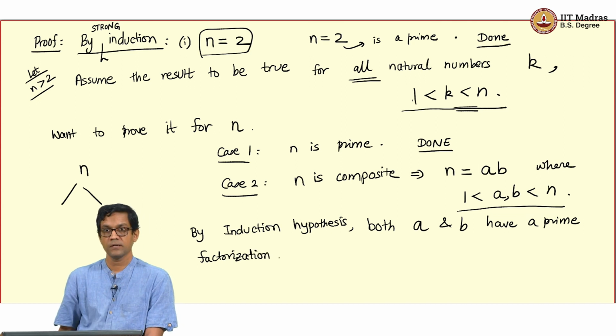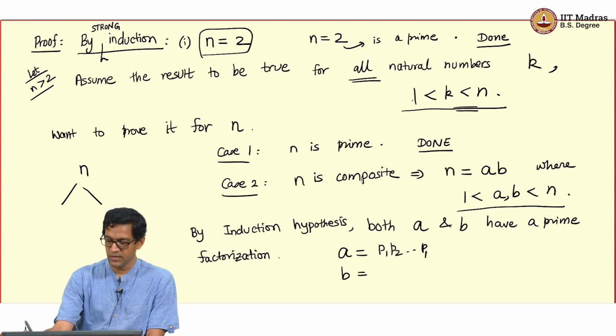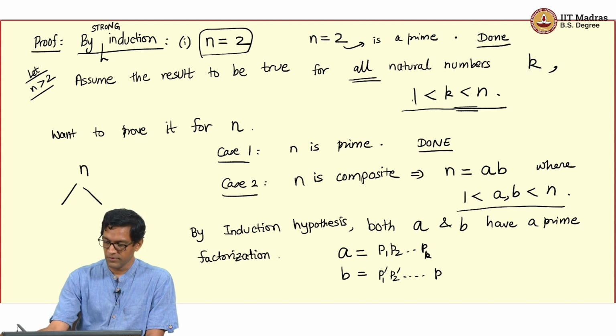So what does this mean? This means that a can be written as a product of prime numbers and b can be written as a product of prime numbers. So you write a as p1, p2, ..., pd, b as another set of primes, p1', p2', ..., pe'.